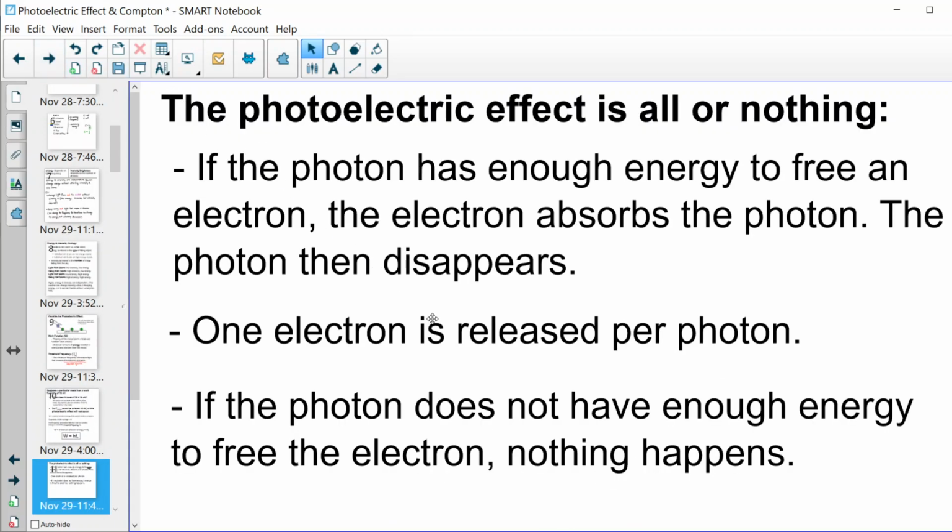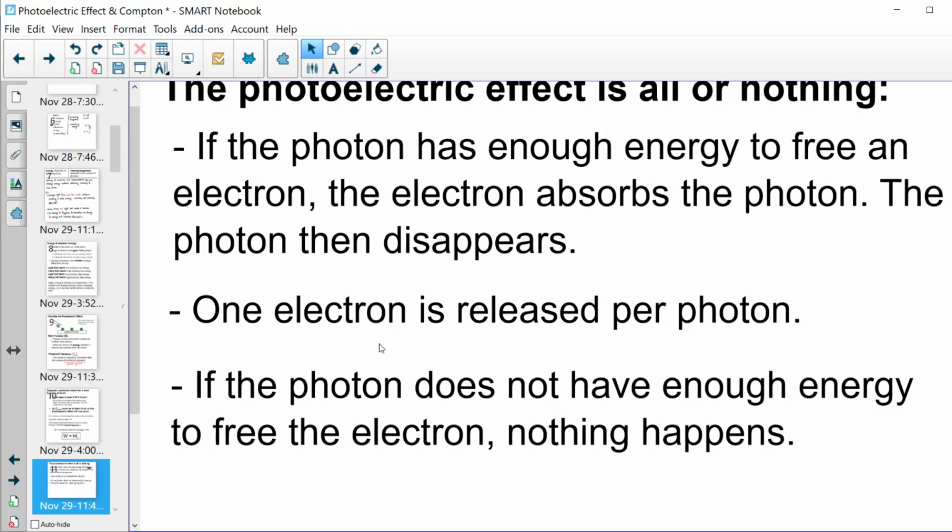The other thing to know about the photoelectric effect is that it's all or nothing. Either the photon has enough energy to free an electron, or it doesn't. There's no in between. If the photon has enough energy, the electron will absorb the photon, and that means the photon goes away. It disappears. If this happens, one electron is released per photon. So if I shine 5 photons on the metal, I should get 5 electrons coming off the metal.